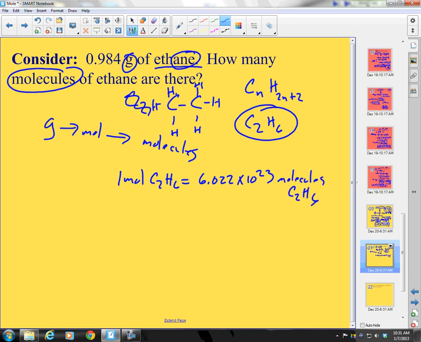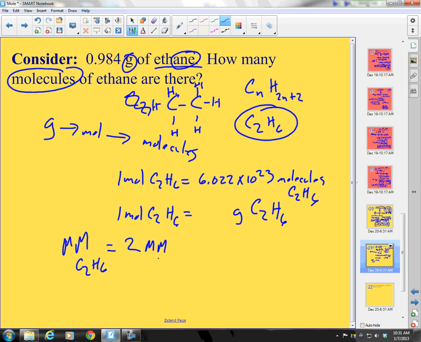But what's my relationship between 1 mole and grams, right? Well, that is my molar mass, right? So I need to get my molar mass of ethane, C2H6. So that means I need 2 times the molar mass of carbon plus 6 times the molar mass of hydrogen, right?